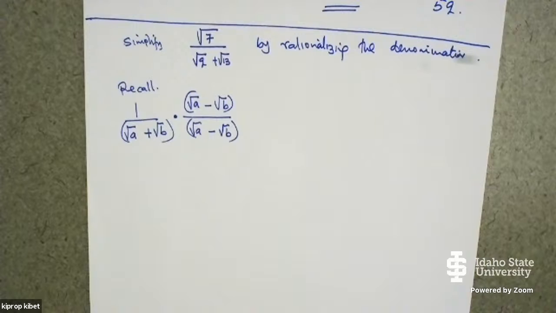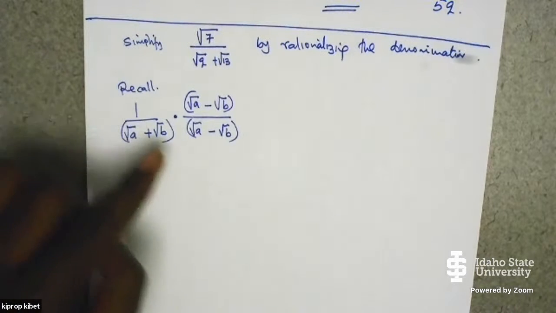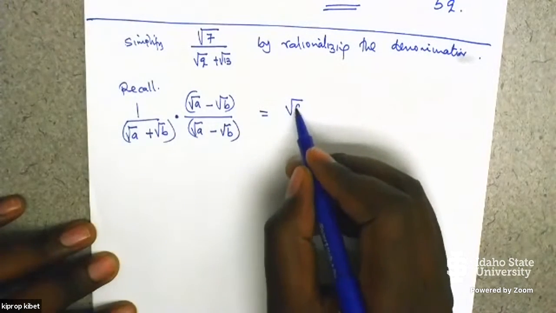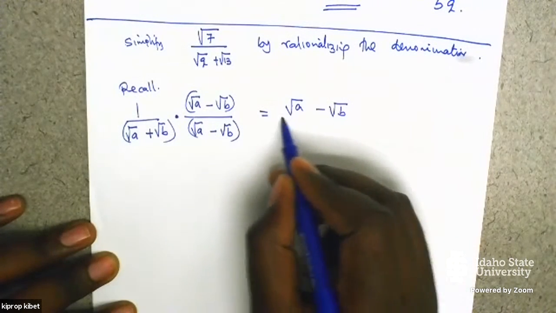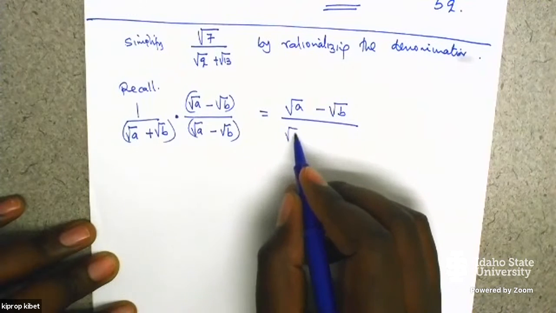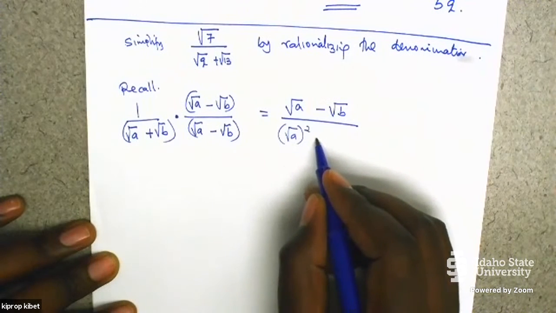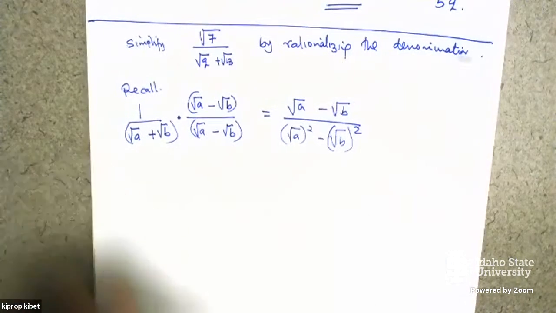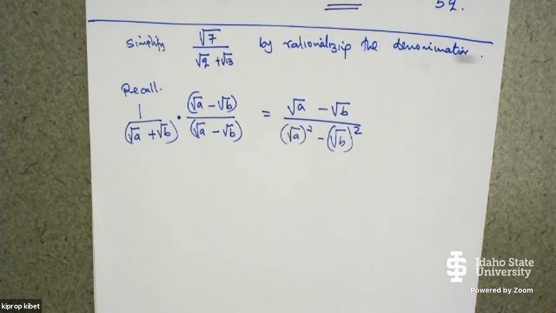This is a difference of squares, so it is the same as the root of a minus the root of b all over the root of a squared minus the root of b squared.